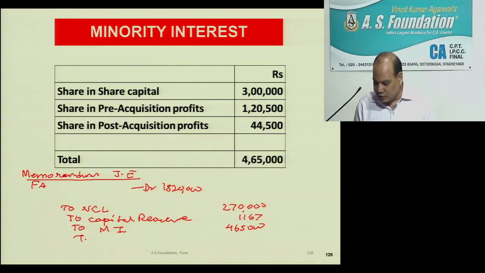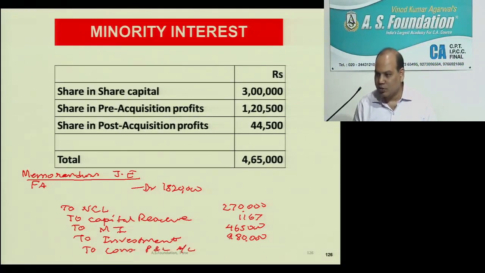You will cancel the investment in subsidiary, 9,80,000. You will also increase your consolidated P&L account by post-acquisition profit share. 1,03,833. Now cross check whether the total is matching or not.